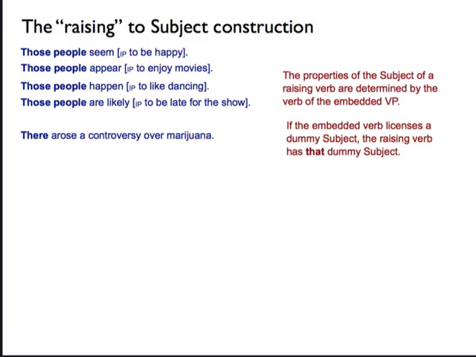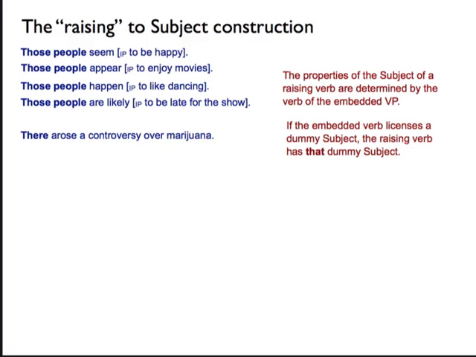So you can have, there are many people on the bus. That's a proposition about many people being on the bus. The there is not a semantic argument of anything, right? Same thing here. There arose a controversy over marijuana. All you're saying is a controversy arose over marijuana, right?